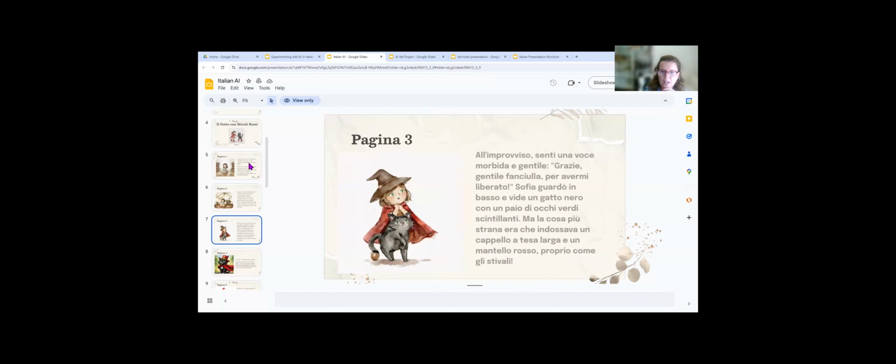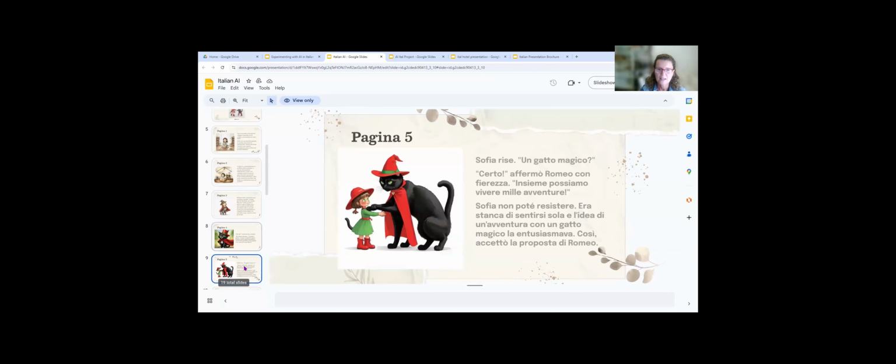And in the story, in this part, the story described the cat with the red boots and the hat, but OpenAI did not create it, okay? And this is the new cat. And here again, we have a different girl with the tail at the end.